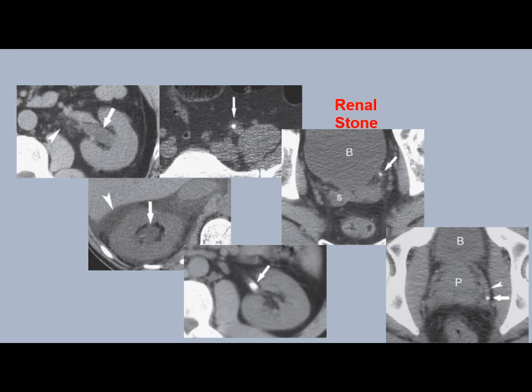The picture of the perinephric edema may represent calyceal rupture due to obstruction by the stone. Fluid leaking, urine leaking from the kidney, rather than just edema. Yes, urine leaking. You should keep that in mind.